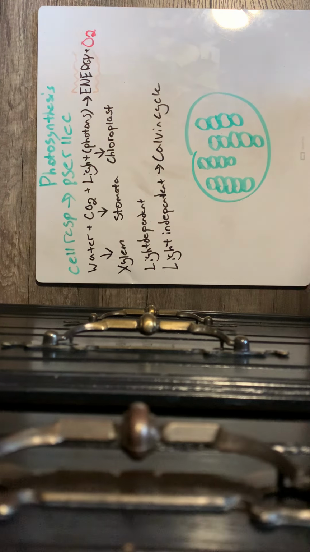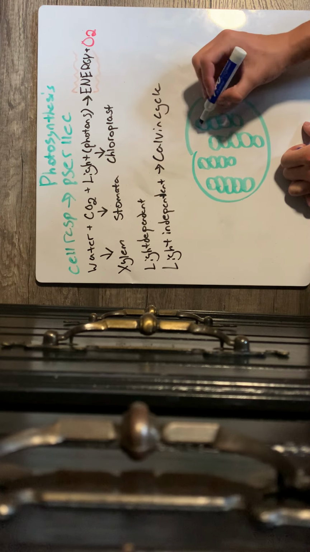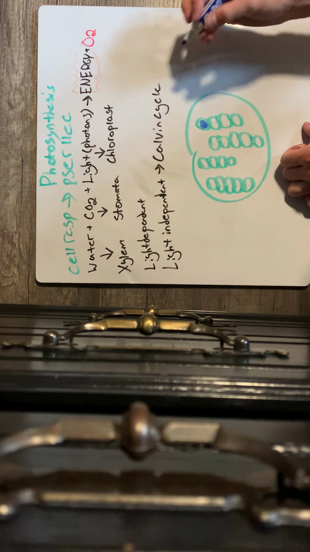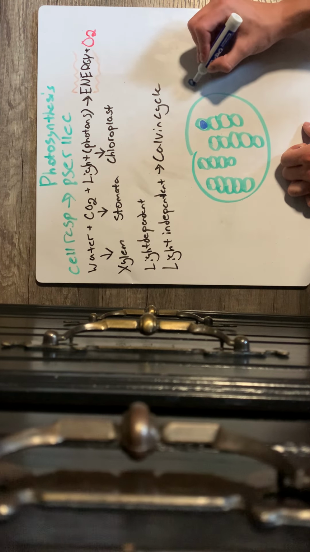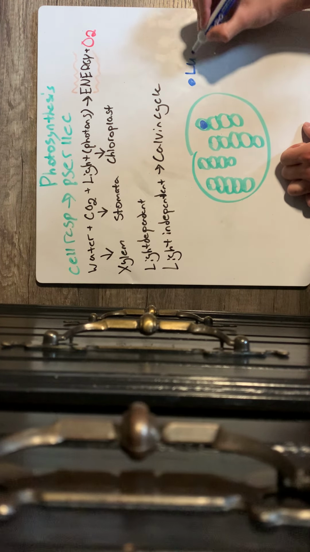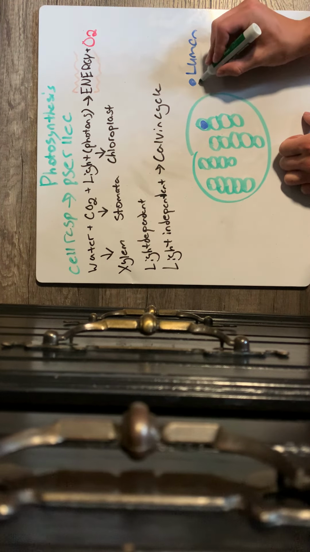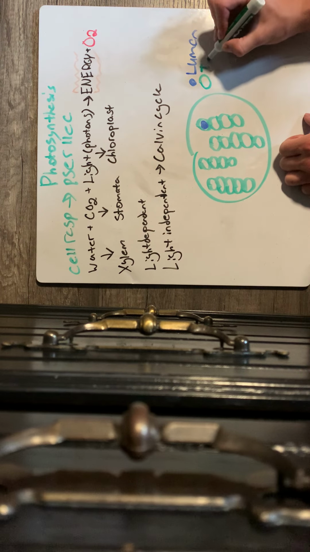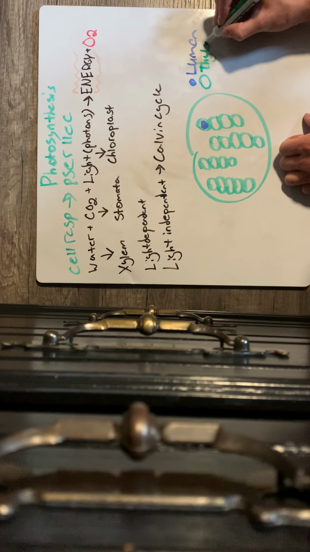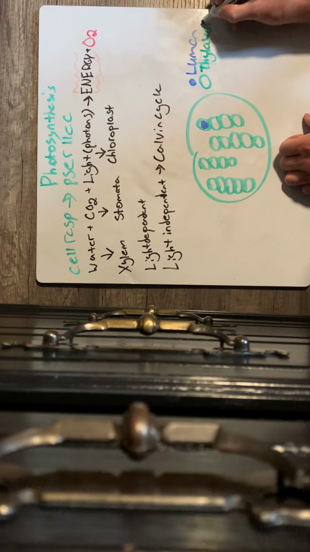So inside of the thylakoid, we have the lumen. So maybe I'll highlight inside. Lumen. And then one ring is thylakoid.